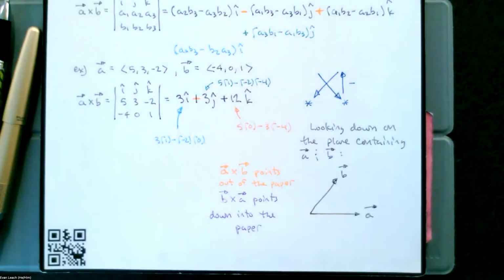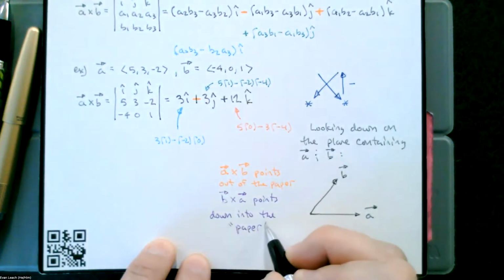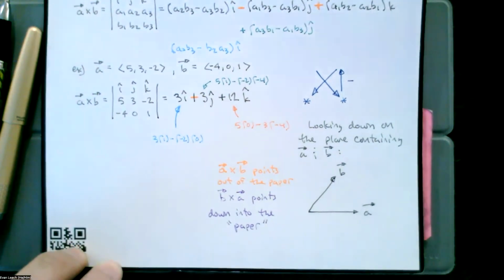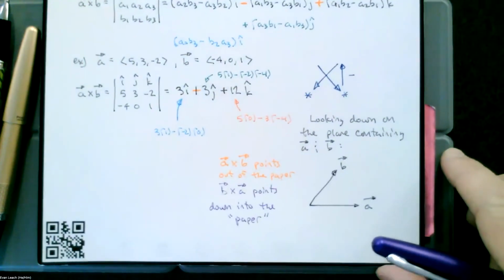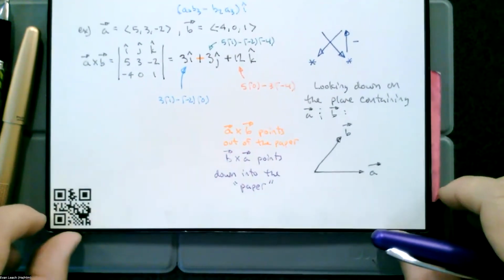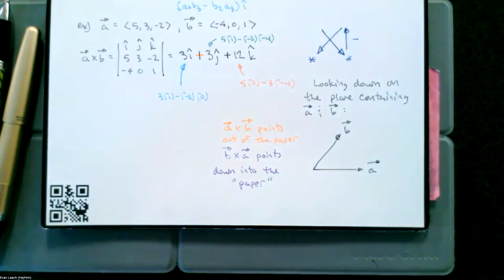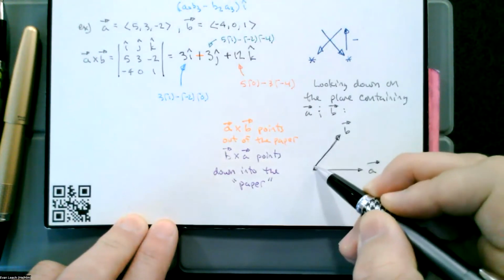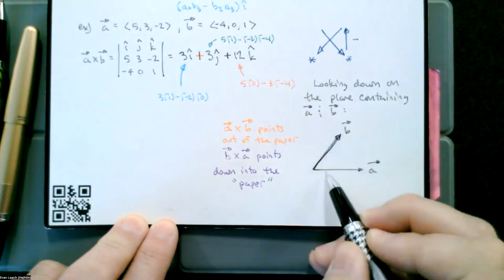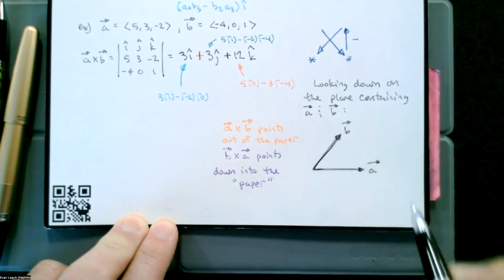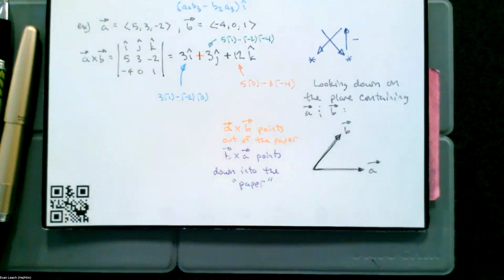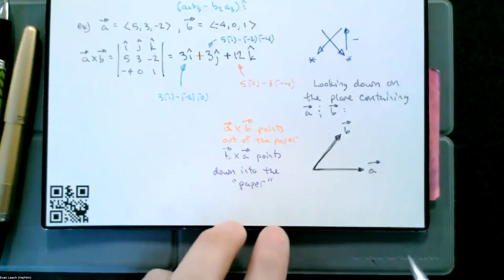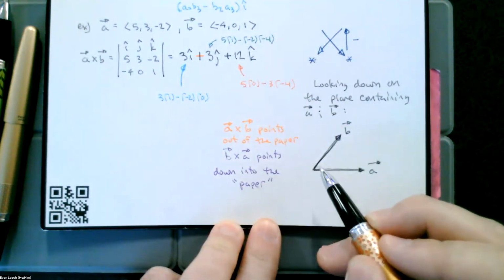Oh, this isn't actually paper that I'm writing on. So if I wanted to draw A cross B, I would just start where they meet and draw out of the paper.